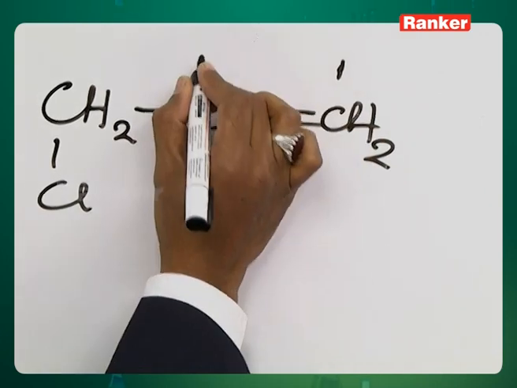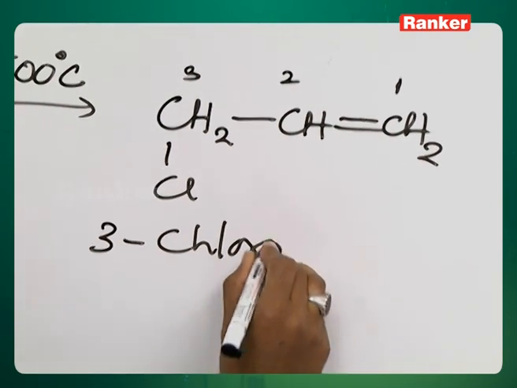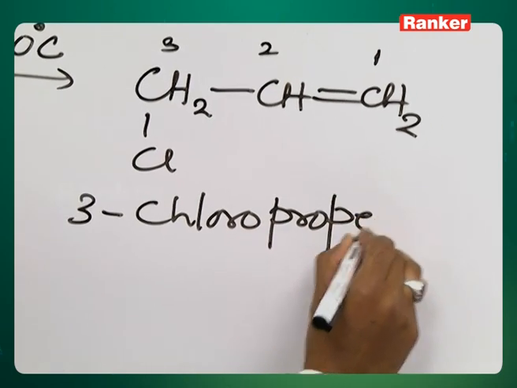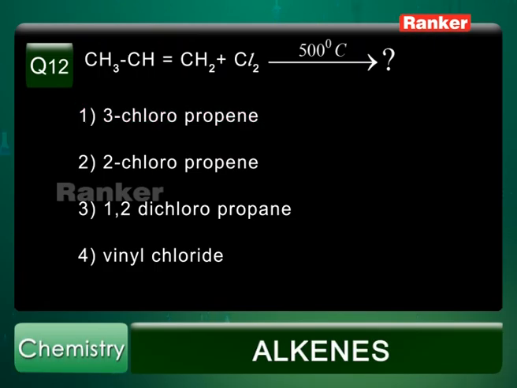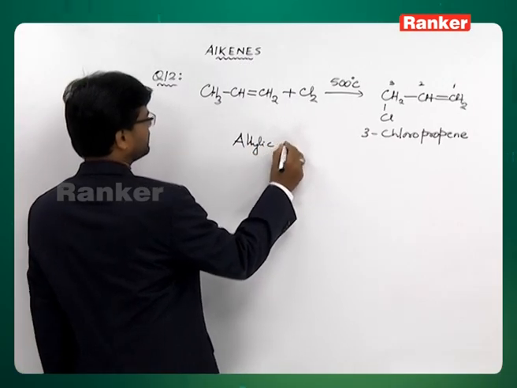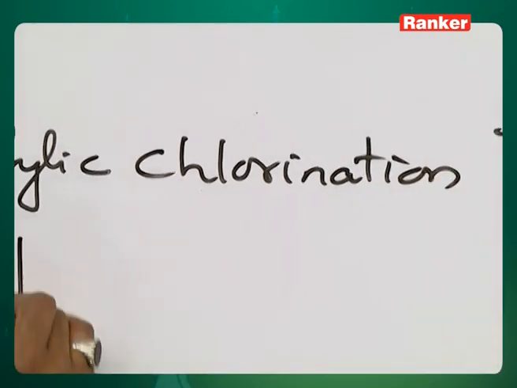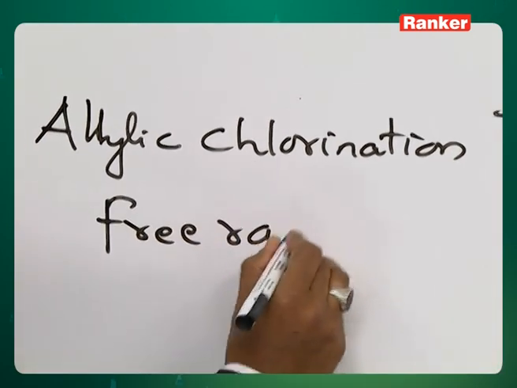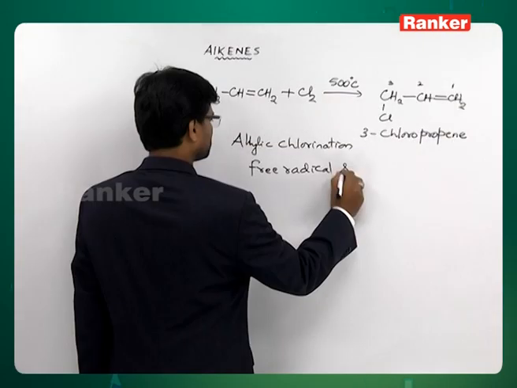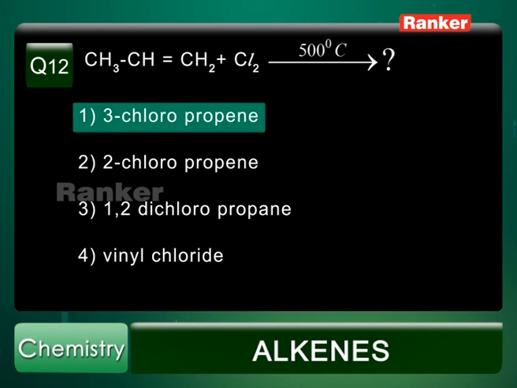If you number it 1, 2, 3, so the product is 3-chloropropene. So, the correct answer is first option. Allylic chlorination is a case of free radical substitution.